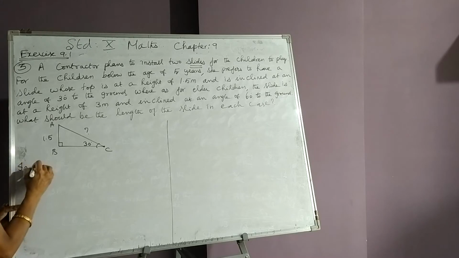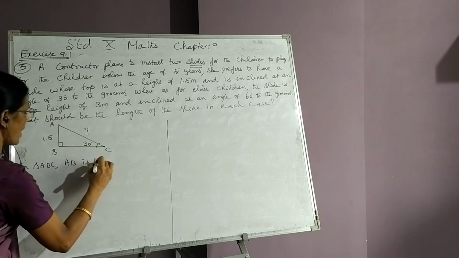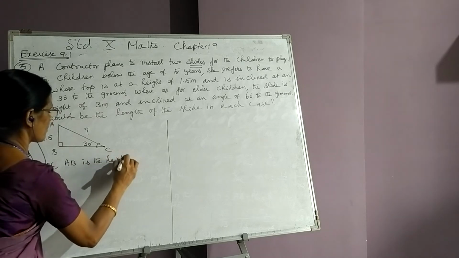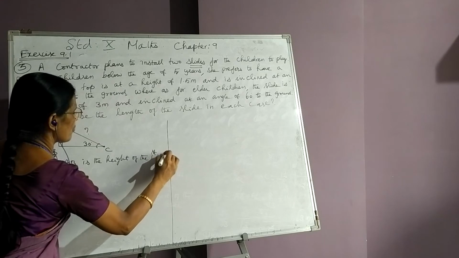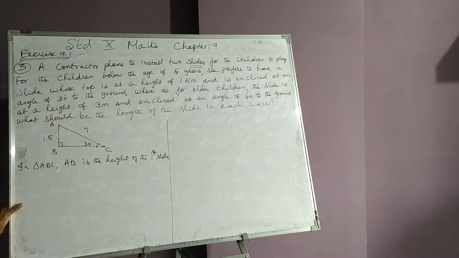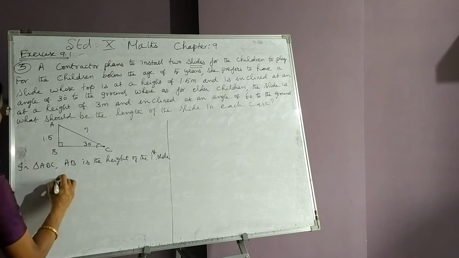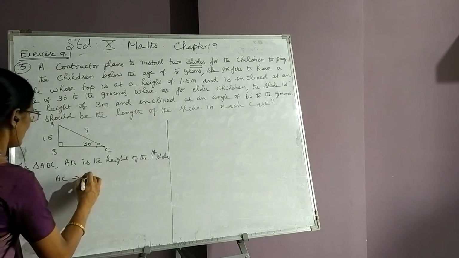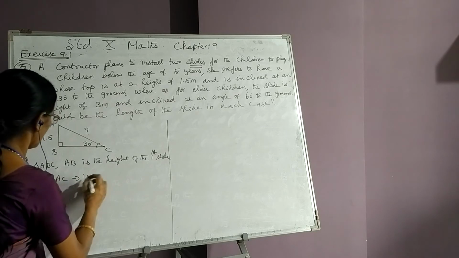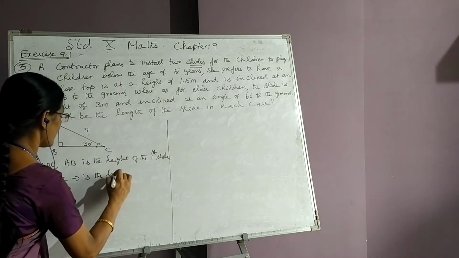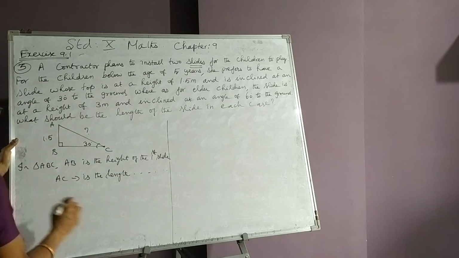So, in triangle ABC, AB is the height of the first slide. Then AC is the length of the slide.